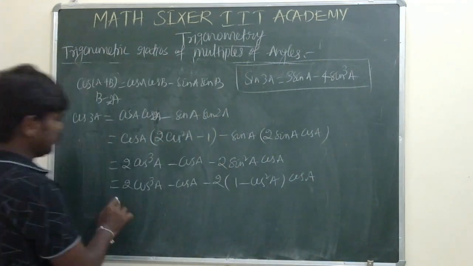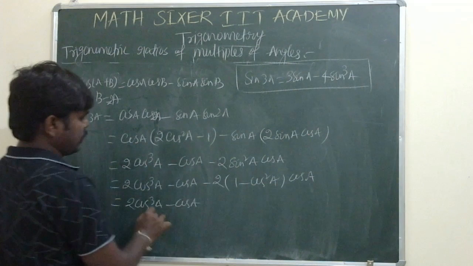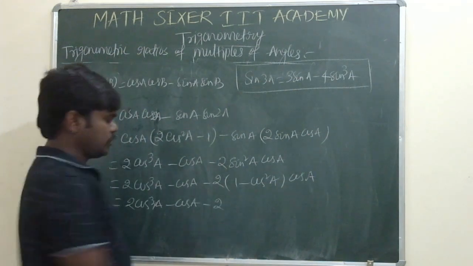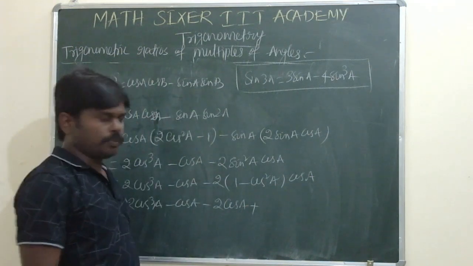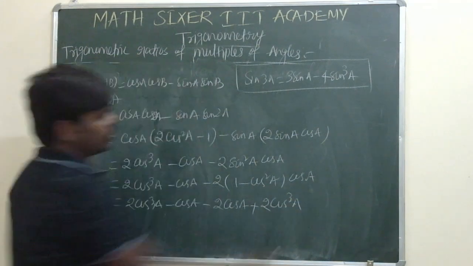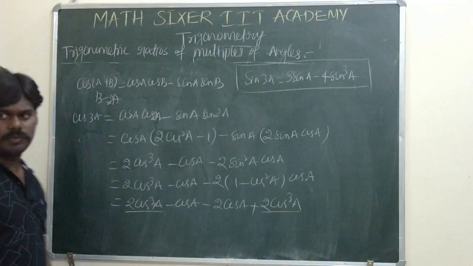So here 2 cos cube a minus cos a minus 2 cos a, minus 2 into minus, so plus 2 cos square into cos a becomes 2 cos cube a. So here we have 2 cos cube a and 2 cos cube a becomes 4 cos cube a.